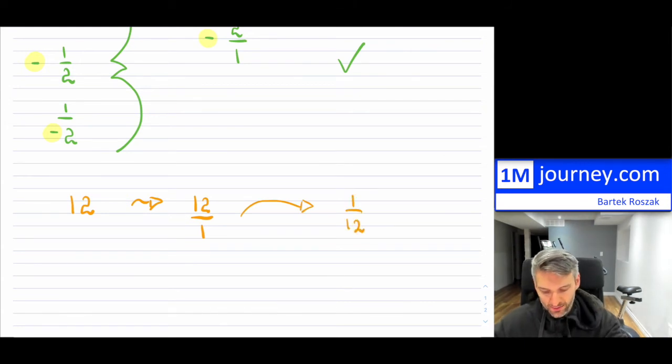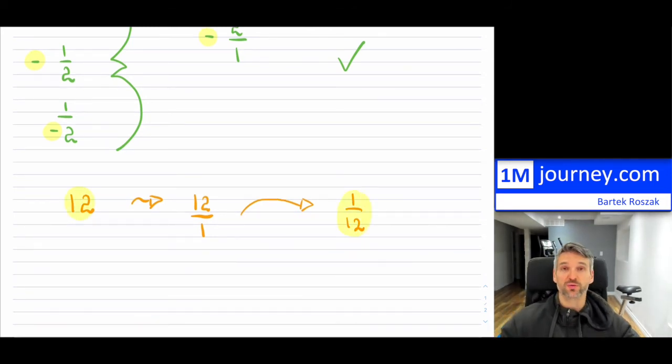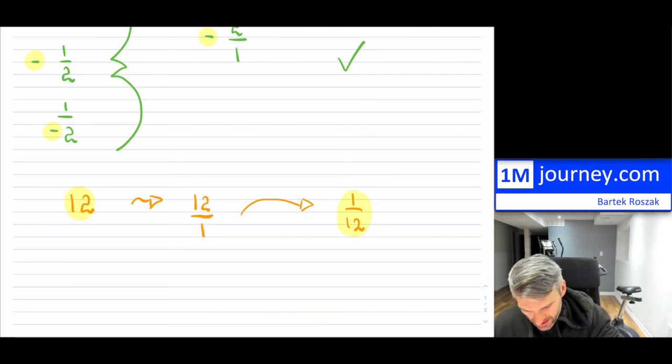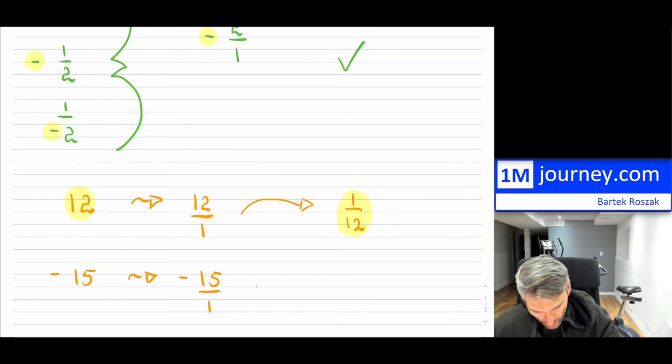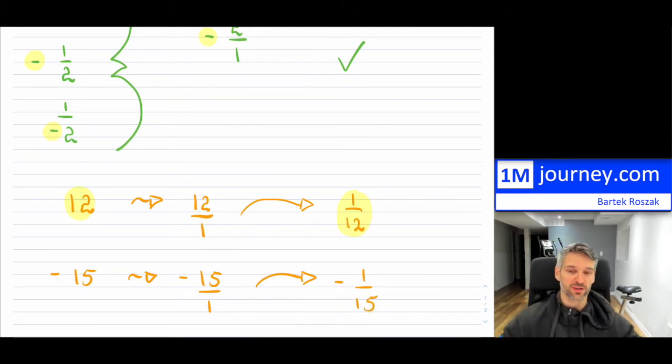And again, it boils down to if you multiply the original number by the reciprocal, you're going to have that equal to 1. Now, if the number is negative, so if we had instead, let's say negative 15, that doesn't change anything for us. We still can write a negative number over 1, which means that the reciprocal still becomes negative, but now we swap the numerator and denominator. So that would have been the reciprocal of negative 15.